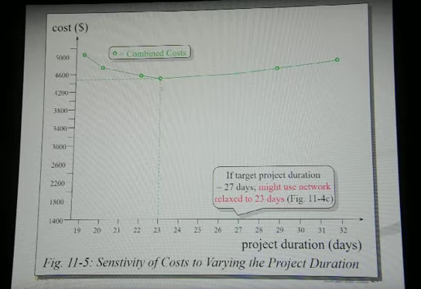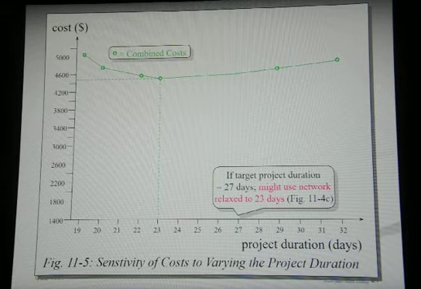So this lecture gives us an idea of how we can change the duration and how cost affects the duration. What I would like you to learn the most from this lecture is that if we have a schedule and we need to crash some activities, and you were asked to select which ones you're going to crash, just crash the activities that cost you the least money.